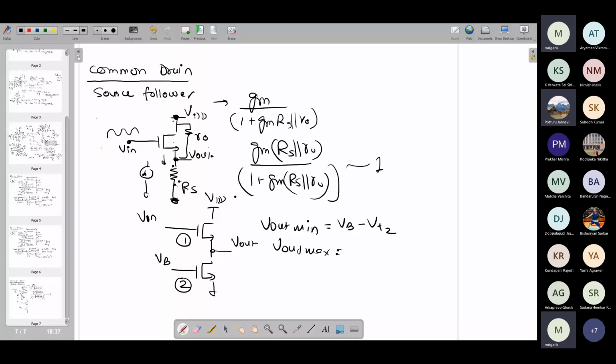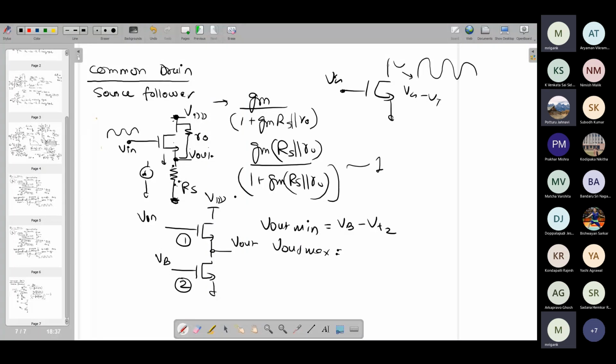Remember that in the earlier cases, for swing calculation we have not considered input swing so much. For common source, if we have to find the minimum, we say that compared to the DC bias at the gate, the minimum is VG minus VT, because we assume the gain is much larger compared to the signal swing at the output.